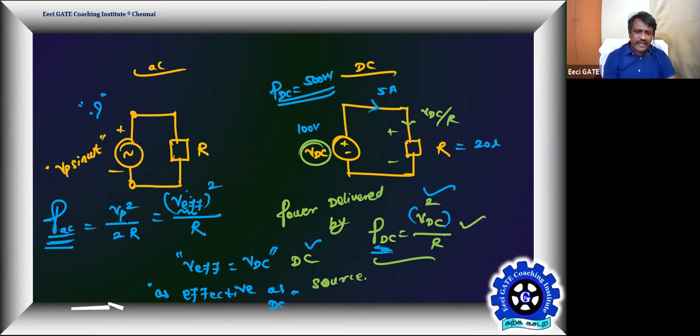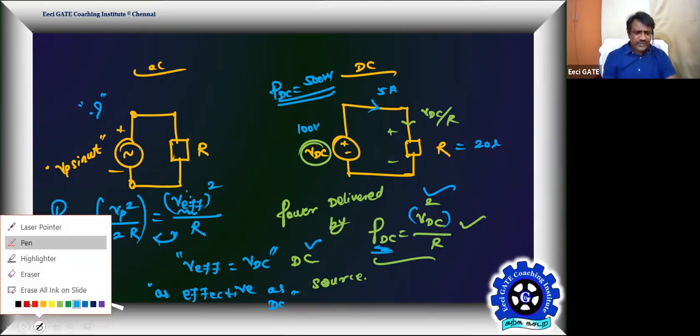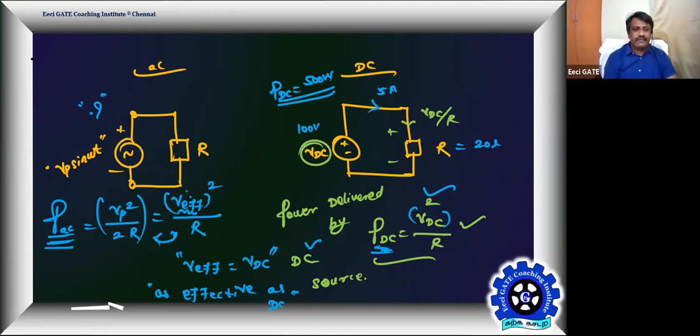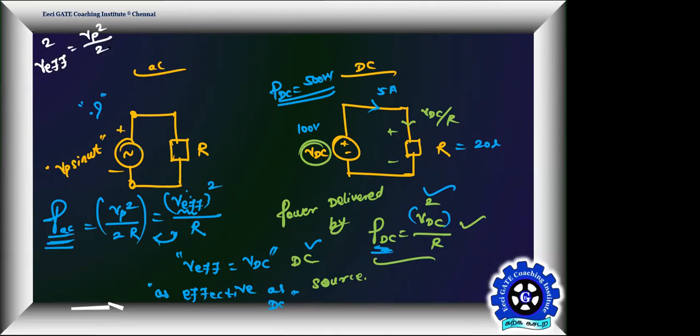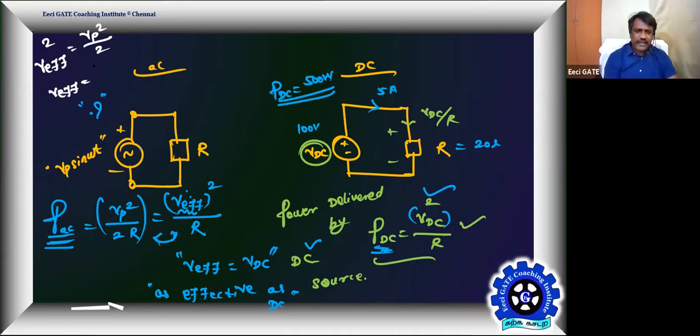Compare the two equations, then tell me what is V effective. V effective square is equal to Vp square by 2. Agree, everyone? That means V effective must be equal to Vp by root 2.